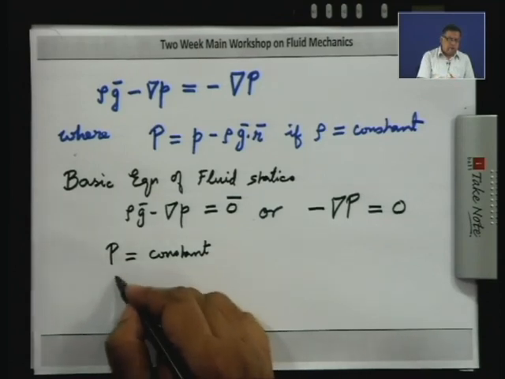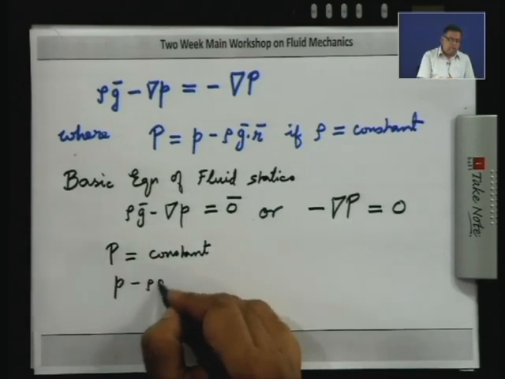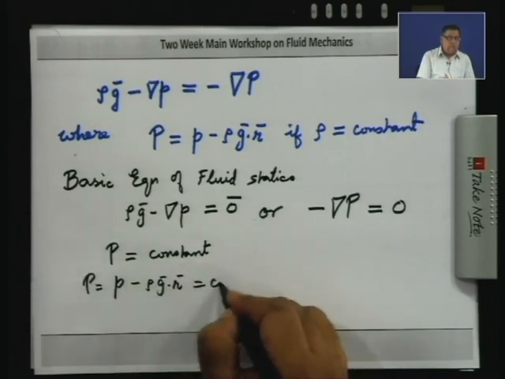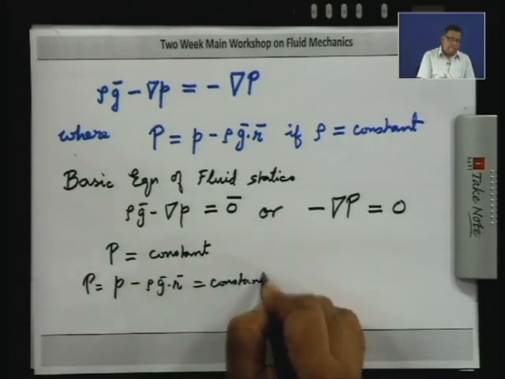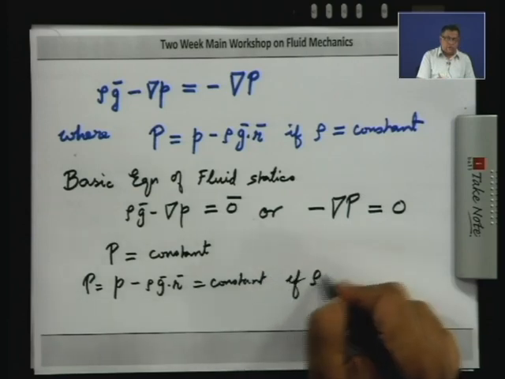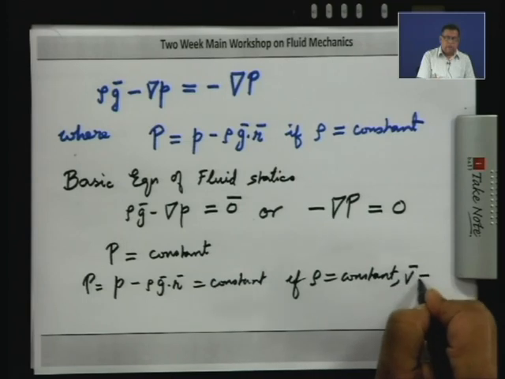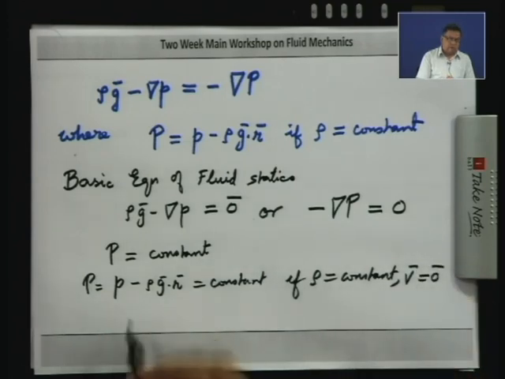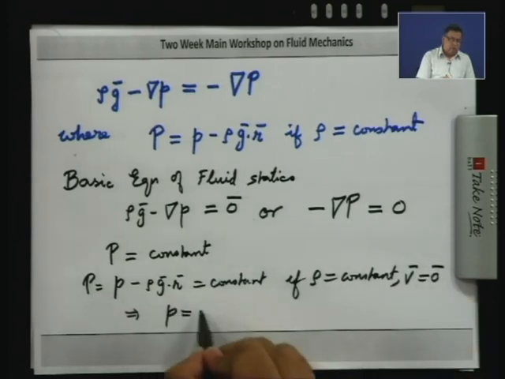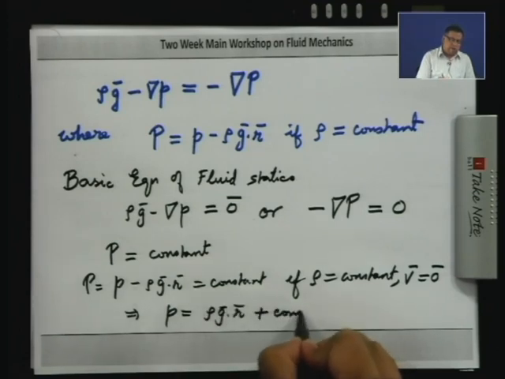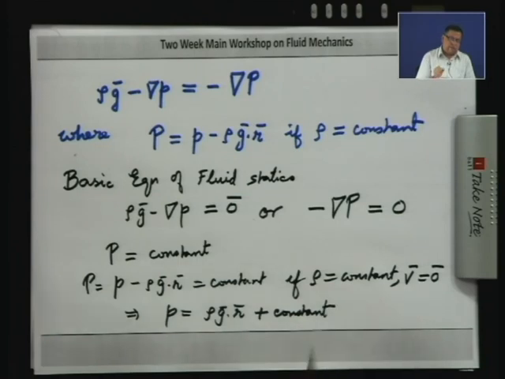So, it means that p minus rho g dot r, which is your capital P, is a constant when the fluid is at rest, if rho is constant and V is 0 everywhere. So, that means p is rho g dot r plus constant. This is the result which we have derived earlier.